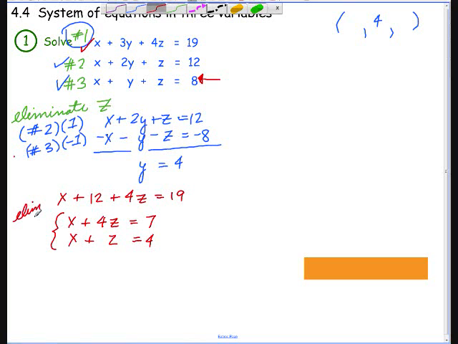Well, I'm going to eliminate x. And I'm going to do that by multiplying number, well, I forget the numbers now. We'll just say multiplying by, what do you think?